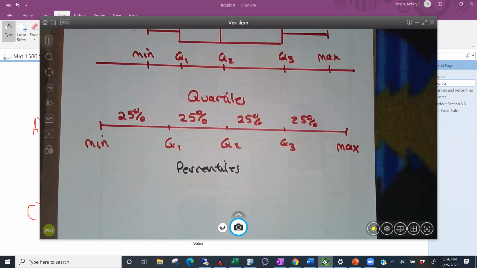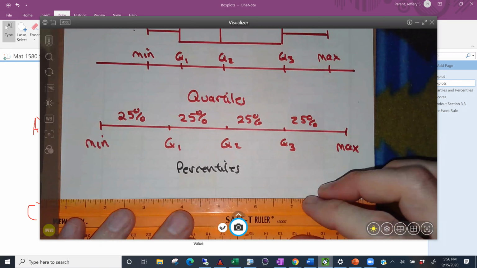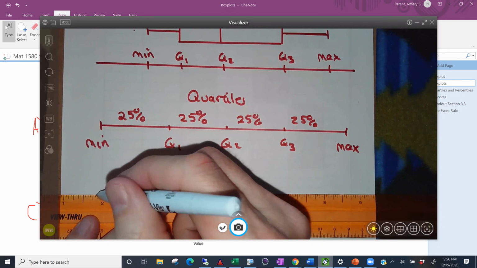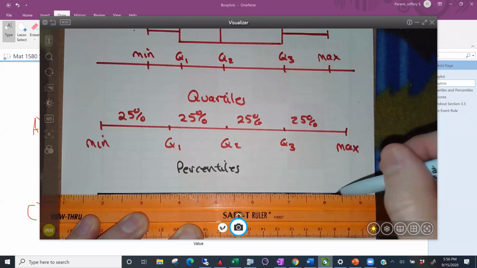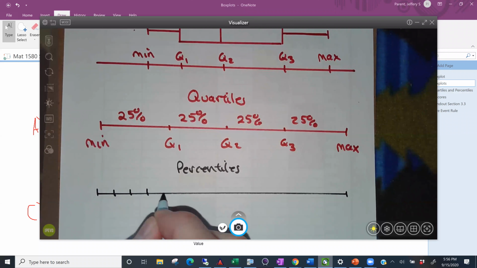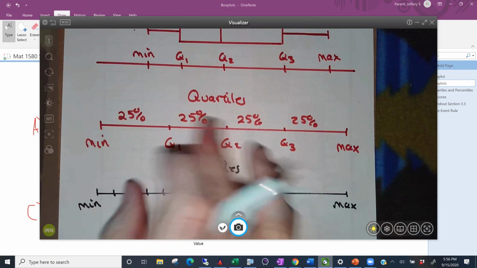How many chunks do you think there are going to be when we start looking at percentiles? 100. And how many points am I going to need to break my data up into those 100 little chunks? 99. 1 less than the number of chunks.